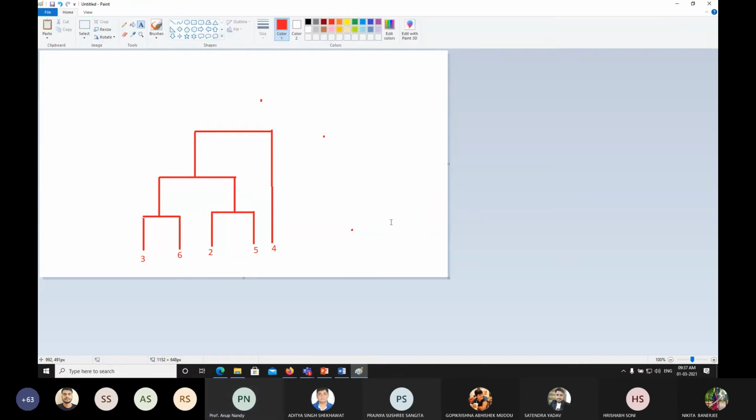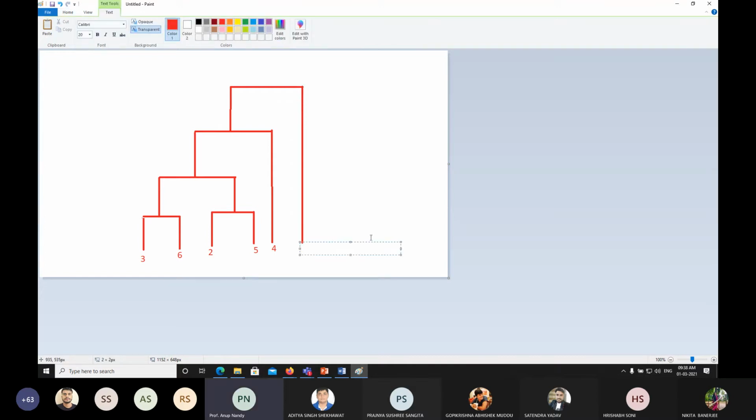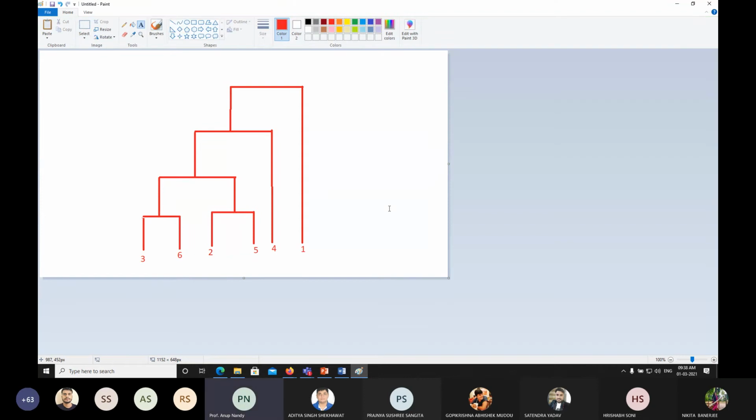I mean P4. Then one. Okay. So this is your final dendrogram.